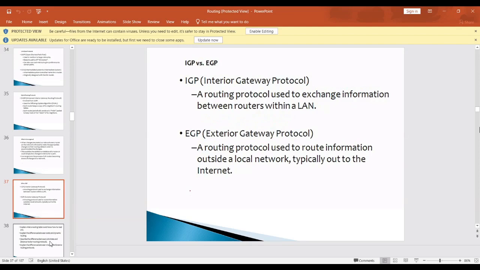For exterior gateway protocols, the only example we can take is BGP, the Border Gateway Protocol. Others I have mentioned are interior gateway routing protocols.